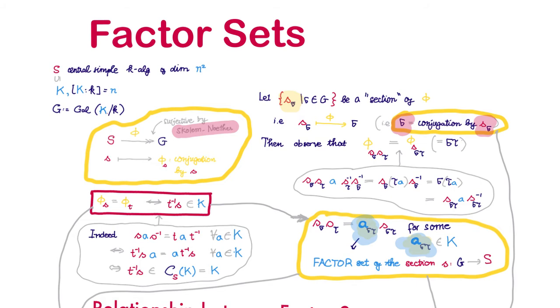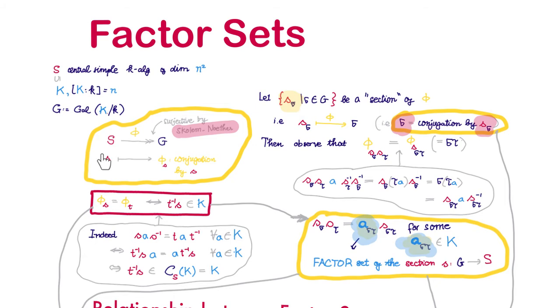Observe that by Skolem-Noether, every element of the Galois group of big K over little k is a restriction of some inner automorphism of S. That is, if we let phi be the map associating to every element little s in S the conjugation by s map restricted to K, then this is surjective onto the Galois group of big K over little k.